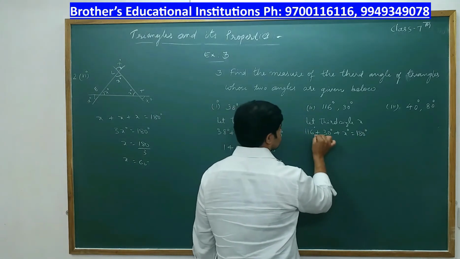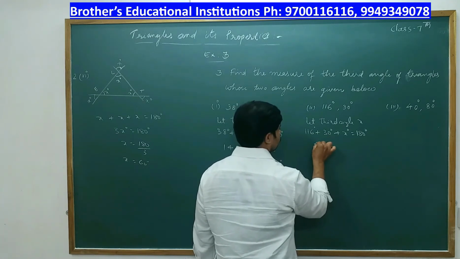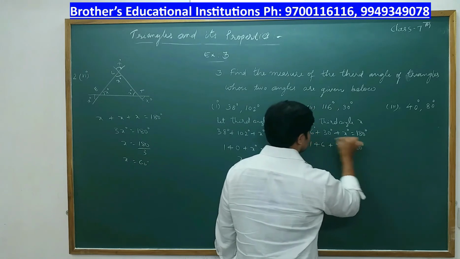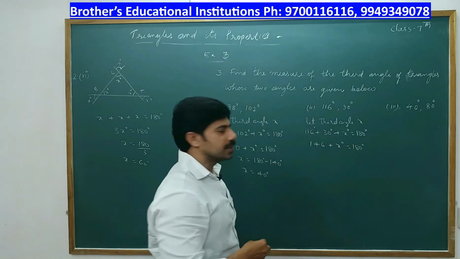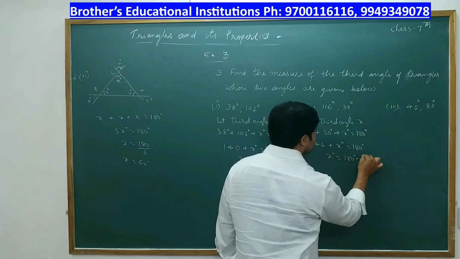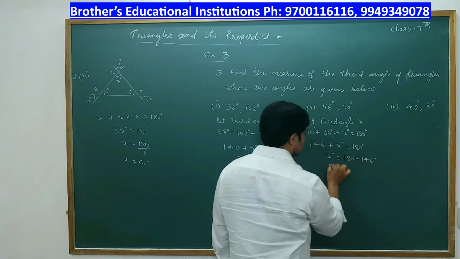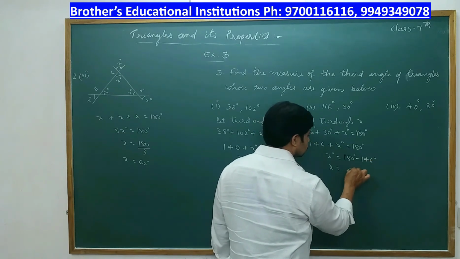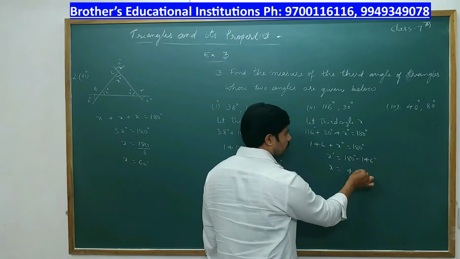So it is 146 plus x is equal to 180 degrees. So x is equal to 180 degrees minus 146 degrees. So 10 minus 6 is 4, 8 minus 4 is 4. It is clearly 34 degrees.